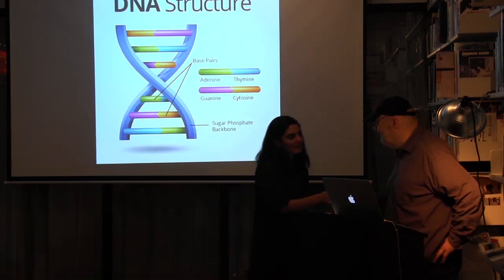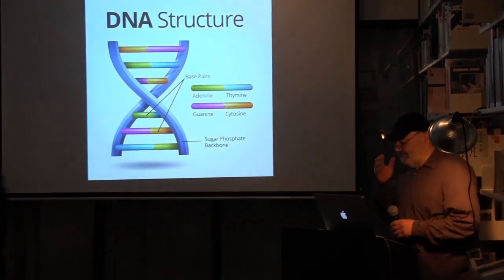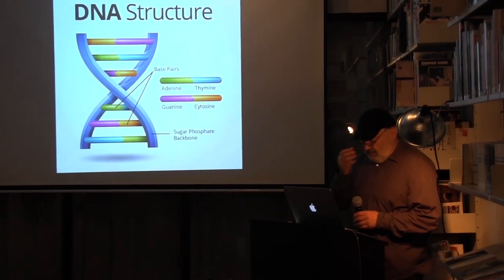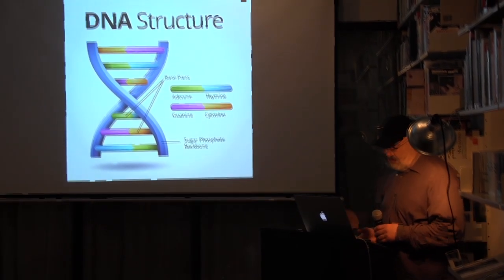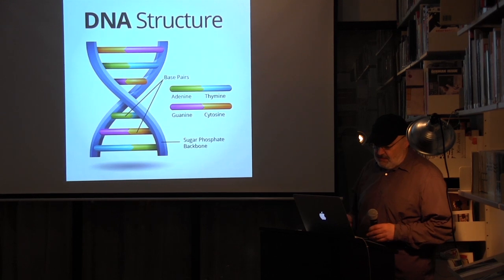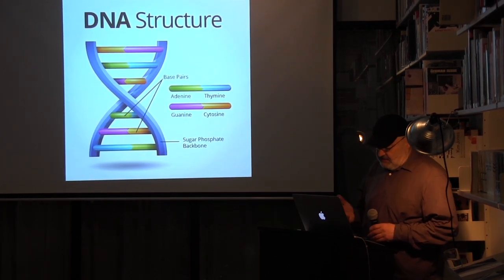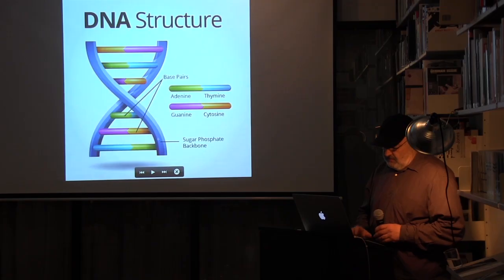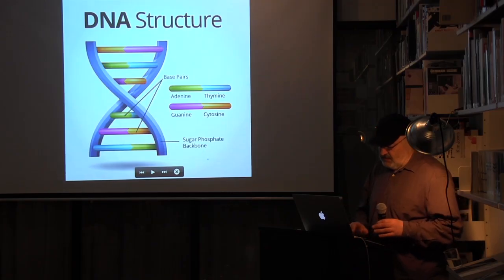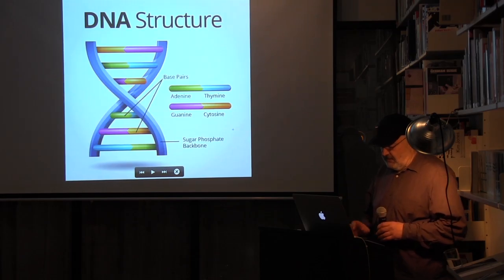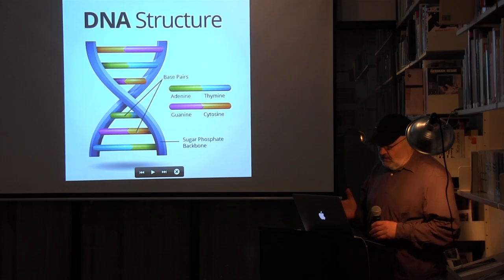Thank you, Anna. So we'll start with this very familiar representation of DNA as a double helix. It has in essence two parts. One is this backbone that is called sugar phosphate, and there are these bonds between that are called the base pairs.